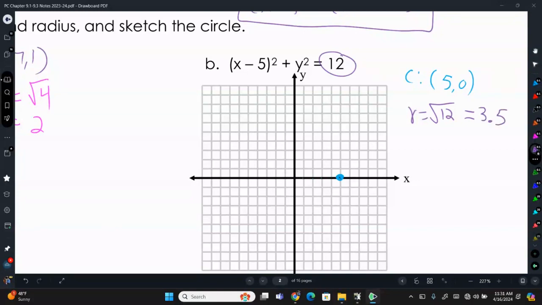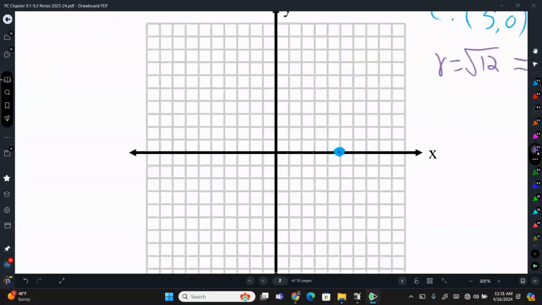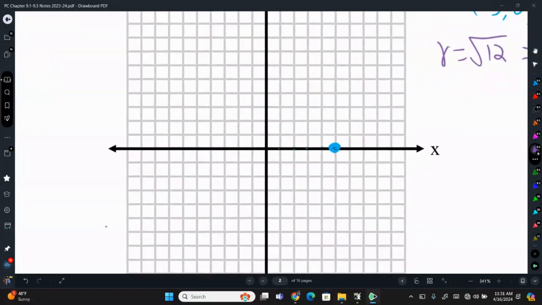That will make it a little bit easier to plot. So from the center, I'm going to go up 3.5, and 3.5 in each direction, and then connecting them with a curve. Don't draw a diamond or anything like that.